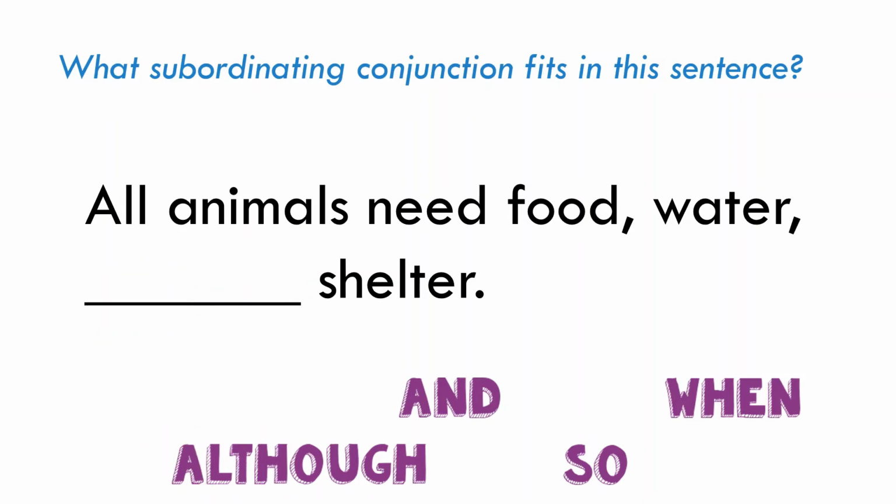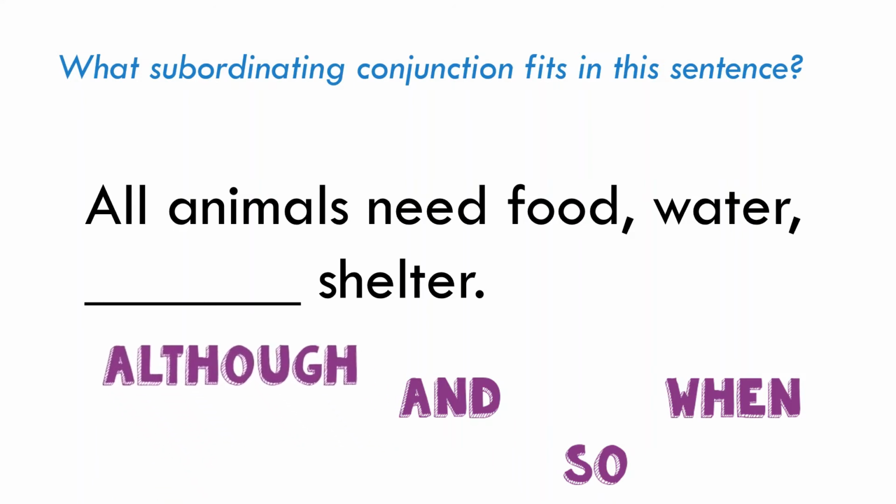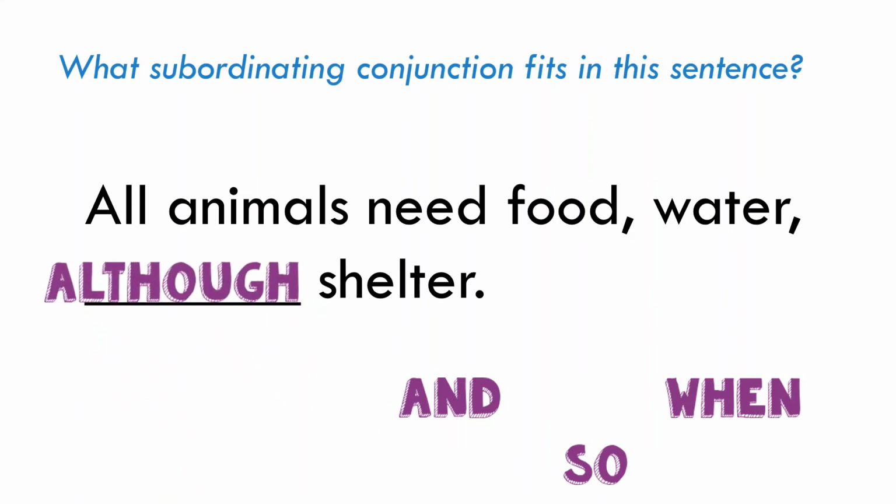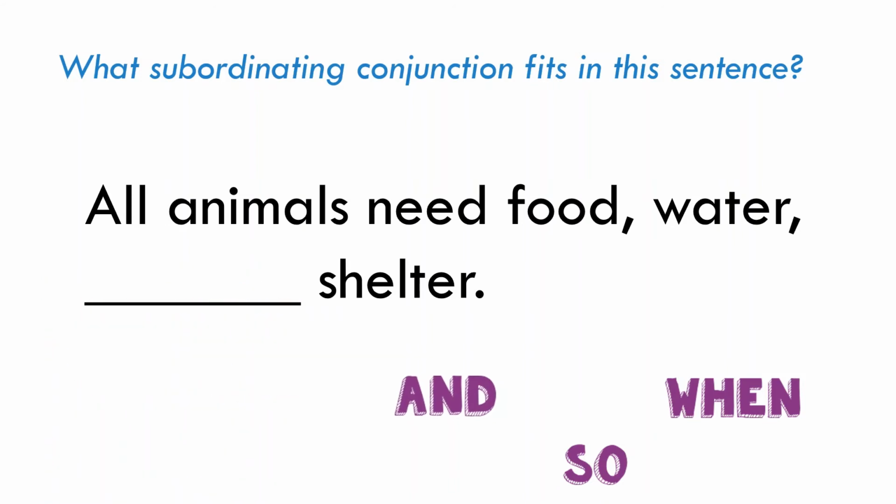We'll get rid of that. Let's try although. All animals need food, water, although shelter. That one also doesn't make sense. Let's try and. All animals need food, water, and shelter. We know that and works in this sentence because and is used to add more information.